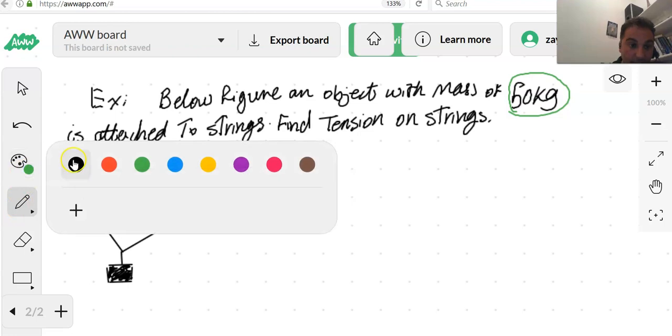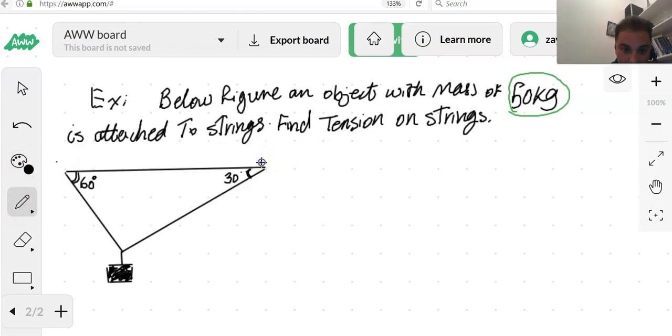So let me put this here. This is like the ceiling, and we have two strings. One has an angle between the ceiling and string one of 30 degrees, and the second one is 60 degrees. So what we need to do is very simple, guys.